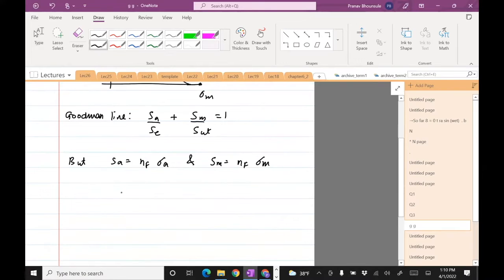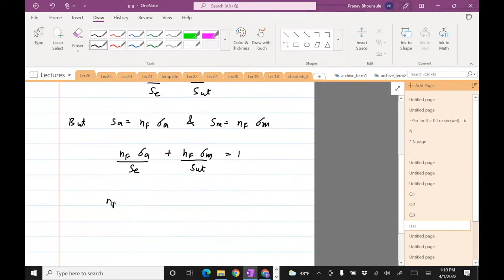We have NF sigma A divided by SE, plus NF sigma M divided by SUT, equals 1. If you solve for NF, you get an equation which looks like this: NF equals 1 over sigma A divided by SE plus sigma M divided by SUT.